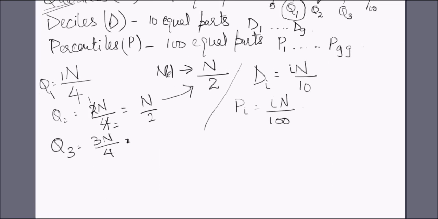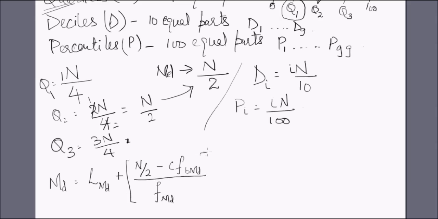The formula to calculate the median was the lower value of the median class plus n by 2 minus cumulative frequency before the median class, divided by frequency of the median class, multiplied by width of the median class.